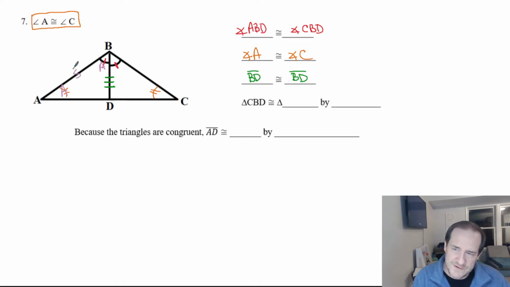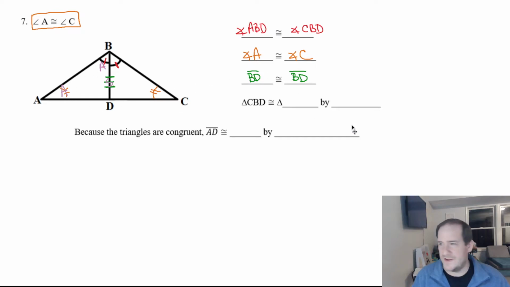If I was using this side, that would be ASA. And so we can see that the side that we're using is that green one over there in the middle, this one, that means we don't have ASA. What we have is AAS.